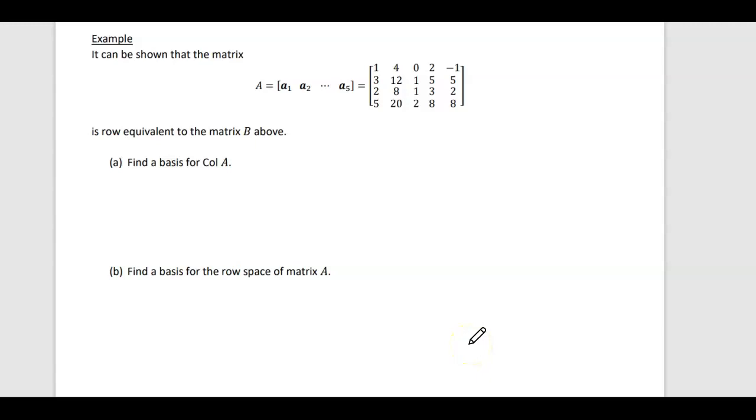It's given here in the problem that they are row equivalent. So if I were to reduce this, I would get something very similar to B. Let's write down what that means.